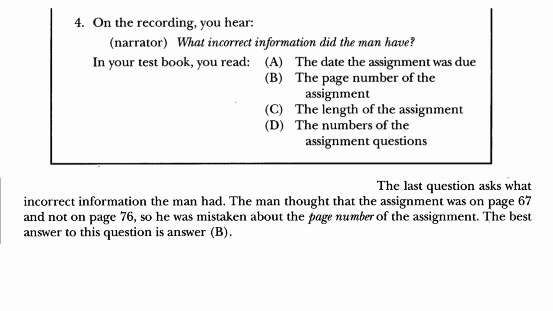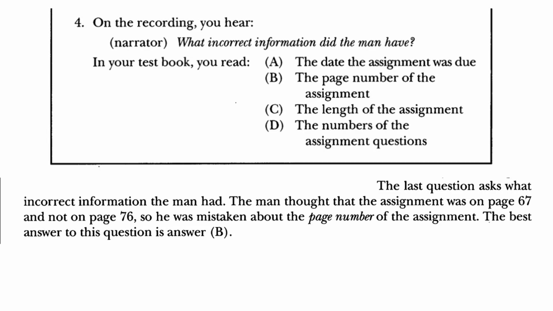Number 4. On the recording, you hear narrator: What incorrect information did the man have? In your textbook, you read: A. The date the assignment was due. B. The page number of the assignment. C. The length of the assignment. D. The numbers of the assignment questions.